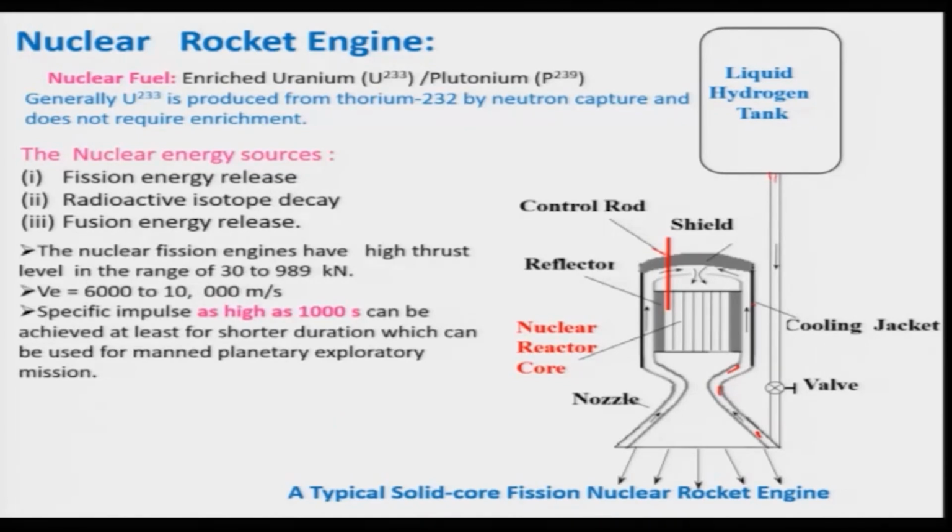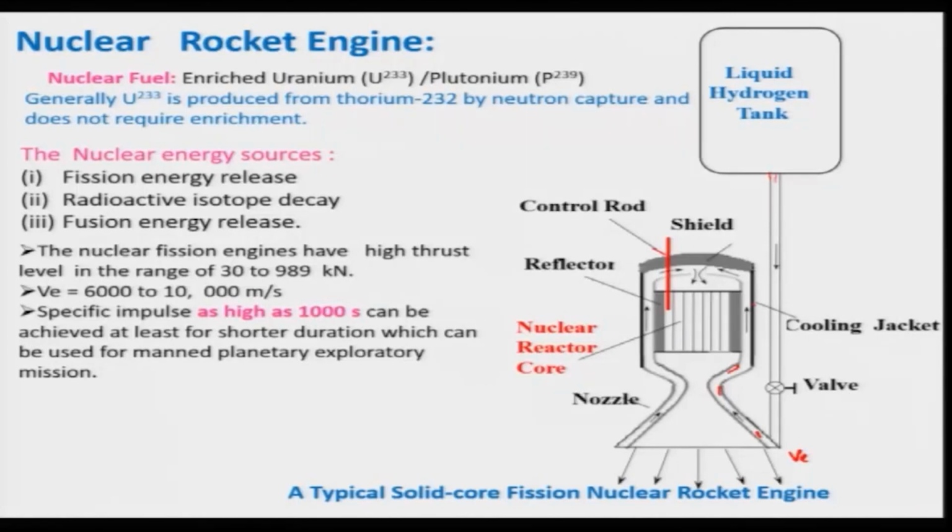And nuclear fission engines have a higher thrust level, in the range of 30 to 989 kilonewtons, and the exit velocity, that is your VE, can be in the range of 6000 to 10,000 meters per second, and a specific impulse, I_sp, of 1000 seconds can be achieved, at least for a shorter duration, which can be used for manned planetary exploratory missions.